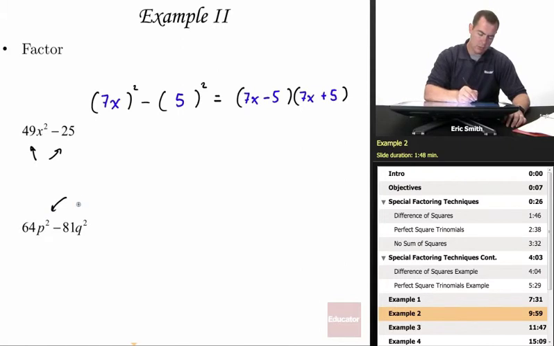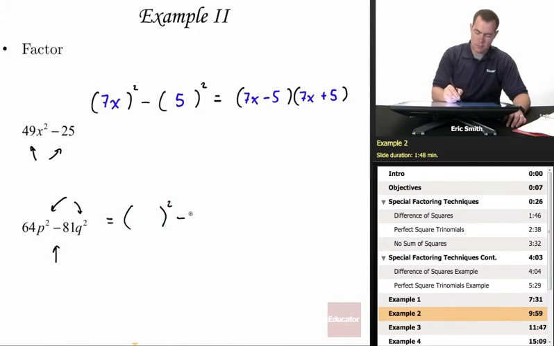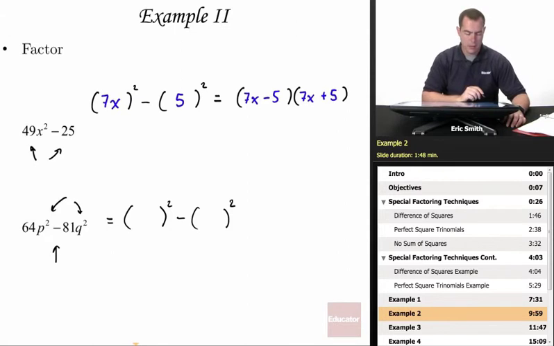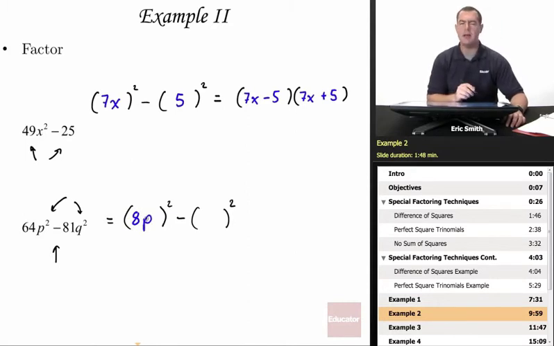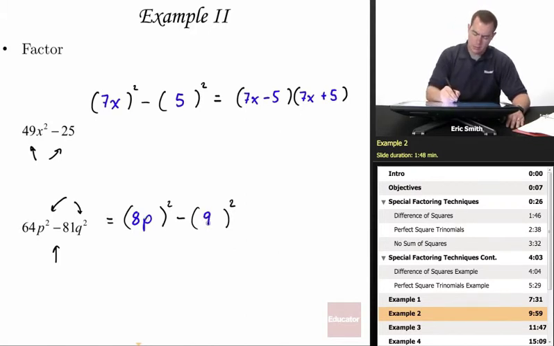Here I have two square numbers, and we are taking their difference. So we need to view this as something squared minus something squared. Let's see, 8 times 8 is 64, so we'll put that in there. P. So 8p, if I square that entire thing, I will get 64p squared. And let's see, 9q.